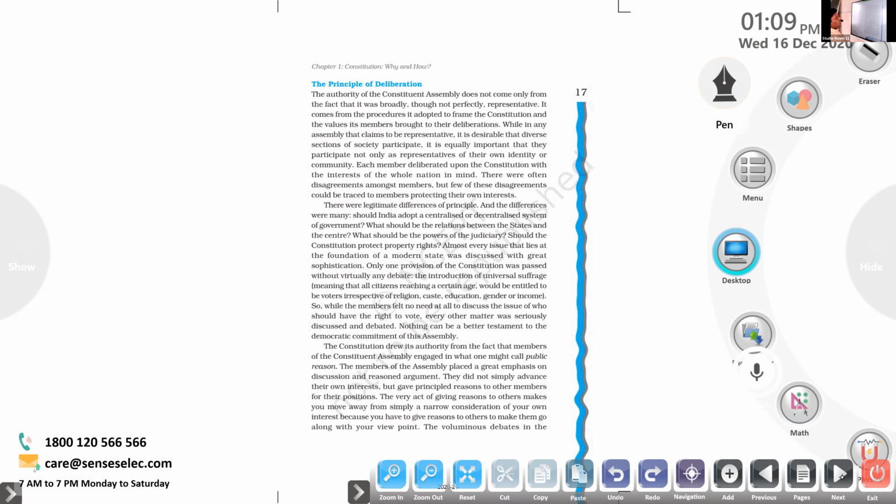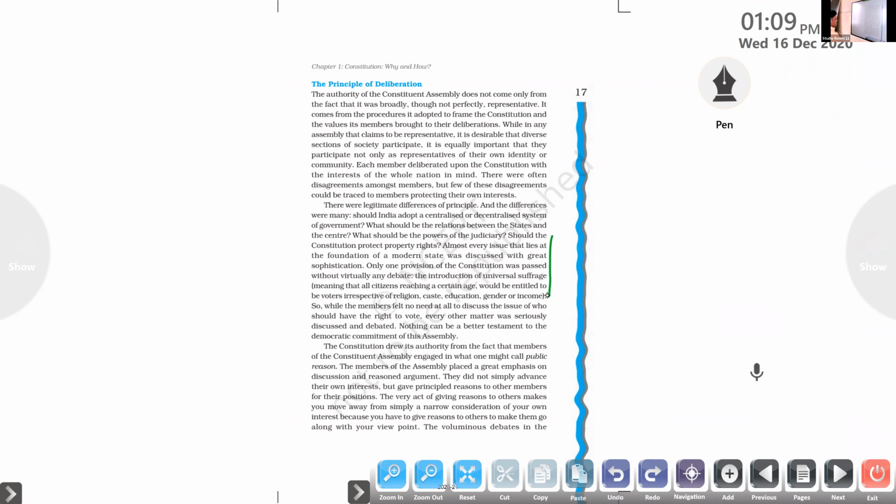Almost all the provisions in the Constitution were written or adopted after discussion, deliberation and negotiation, except one provision, that is, universal adult franchise. Universal adult franchise means the right to vote.